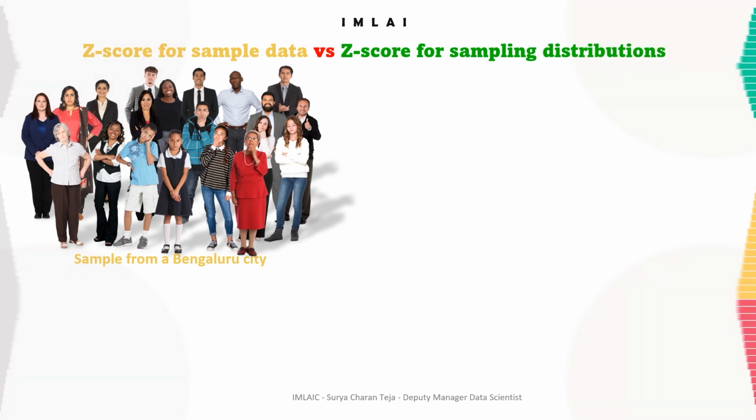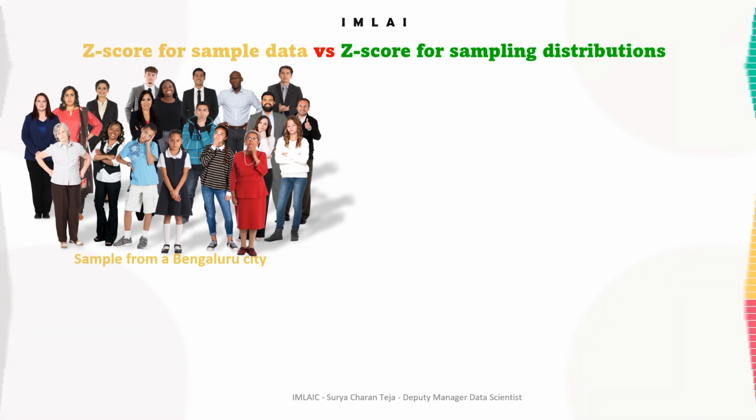After taking the sample, I have measured the height of each element in our sample: the height of this old lady, of these young kids, of this boss, this guy, and this girl. So we have measured the height of each element in our sample.